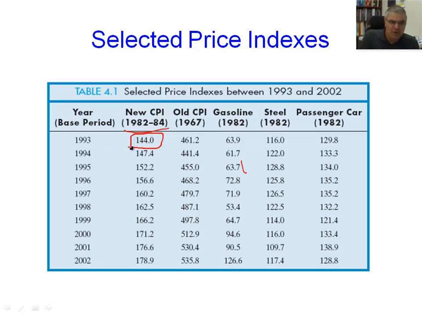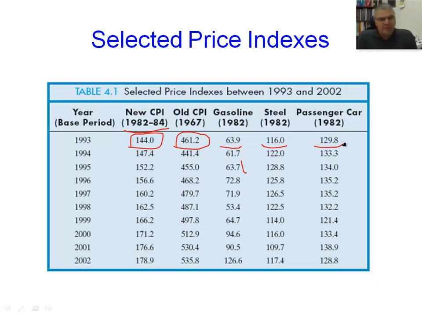144 was the CPI. And the old one, if you want to compare it to the 1967 one, is 461.20. And gasoline in 1982, 63.9. Steel in 1982, 116, 129.8.